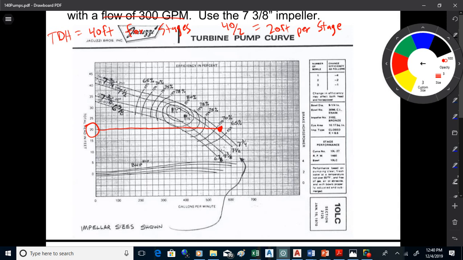Any questions on that? You're going to read it over there where I've got it marked. So you just read down from there.